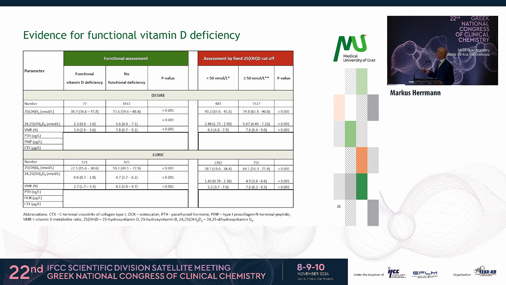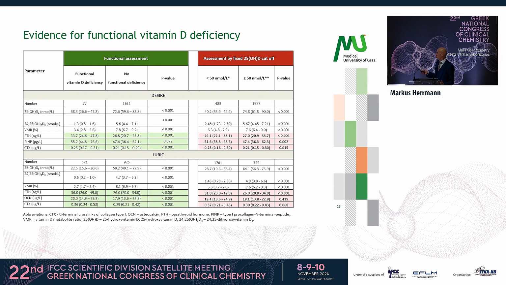Furthermore, individuals with deficient 25-hydroxyvitamin D concentrations below 50 nanomoles per liter have slightly, but significantly higher PTH and bone turnover marker concentrations than sufficient individuals. But the difference is so small that you might question the clinical relevance. With the functional approach, these differences are much more pronounced, and this indicates that individuals with functional vitamin D deficiency have accelerated bone turnover.